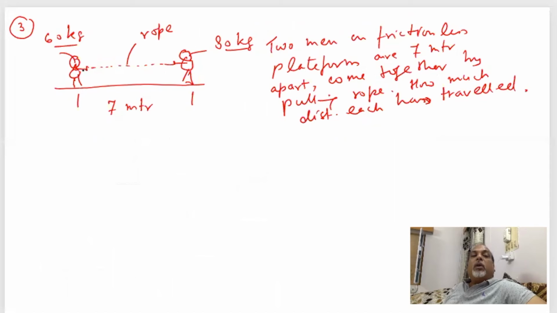So they are holding a rope and pulling the rope towards each other, and the distance between them is 7 meters, and the masses of the persons are 60 kg and 80 kg. So how much distance will they cover once they come together? This is what we have to find out.